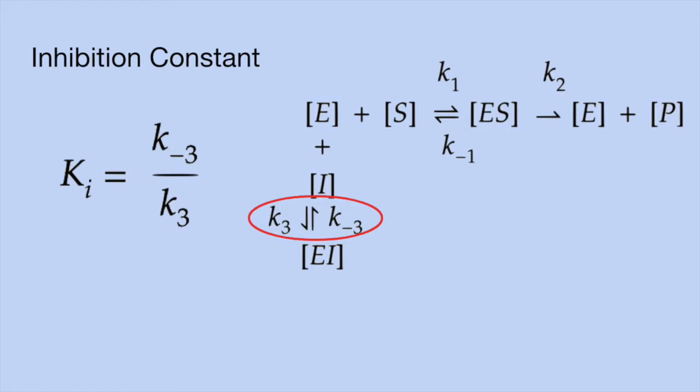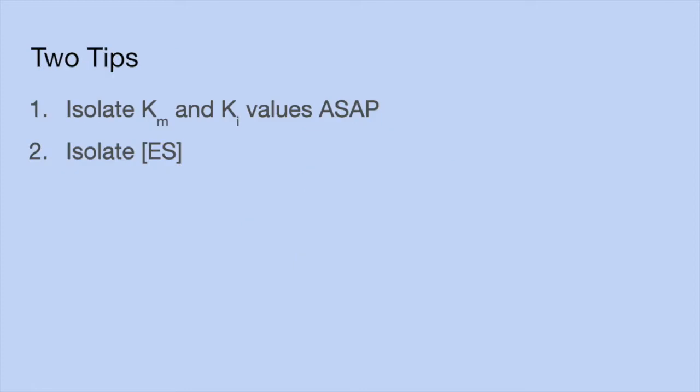Now that we have talked a little bit about the inhibitor constant, we can move on to two main tips to have when deriving these equations. The first is to always try and isolate the inhibitor constant and Michaelis constants as soon as possible. These are really important to isolate because it's really difficult deriving the equations if we have all these rate parameters floating around. A second main tip is to always try and find a way to isolate the enzyme substrate concentration.